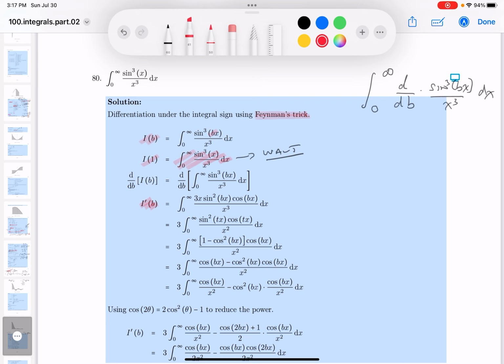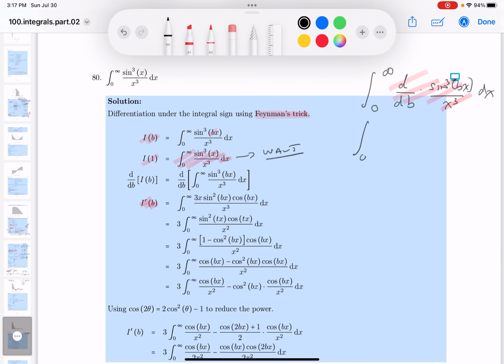So let me repeat what we're doing. We're just differentiating the integrand. It really doesn't look bad to do. And let me write this down for you. It's going to be 0 to infinity. What are you going to get there? You can get 3 sine squared bx times, I just did the 3, and then I got to differentiate the sine, so that's going to be cosine of bx.